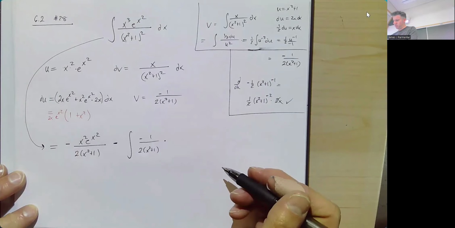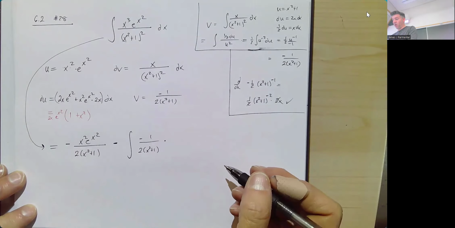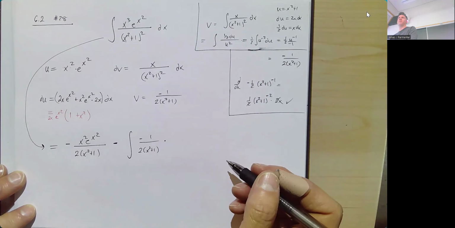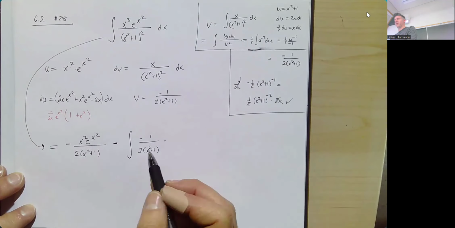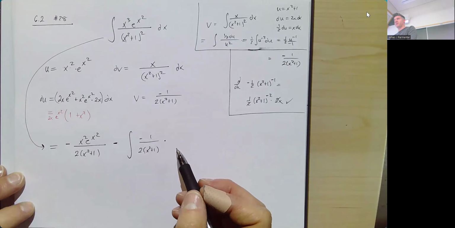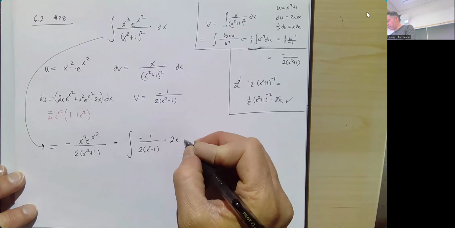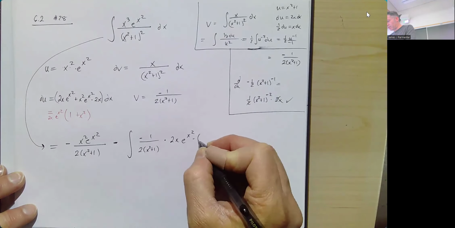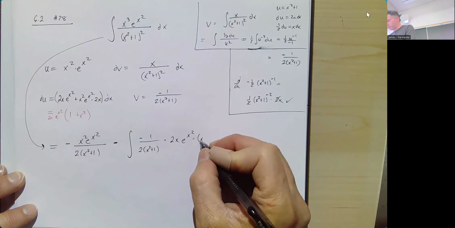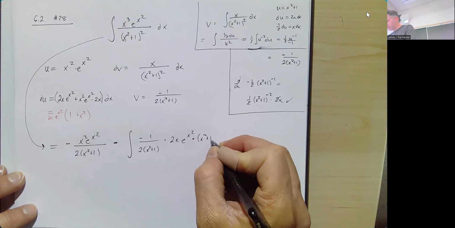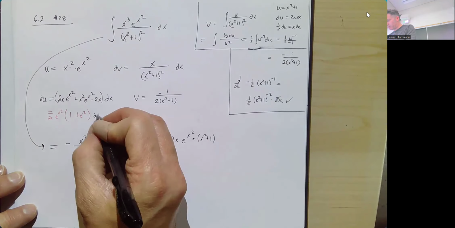Oh, no, what's the formula? uv minus the integral of v du. Okay. So 2x e to the x squared times 1 plus x squared, or x squared plus 1, if you want to write it that way. I forget the dx.